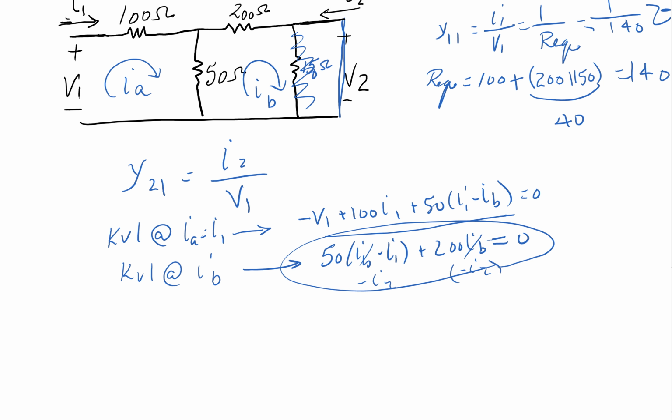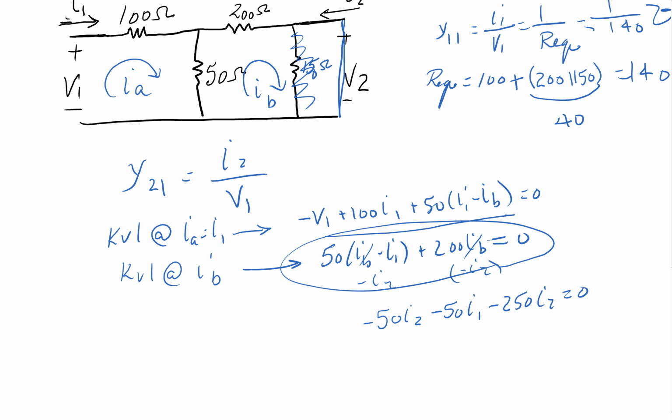So if we clean this up, we're going to have minus 50 I2 minus 50 I1 minus 250 I2 equal to 0.